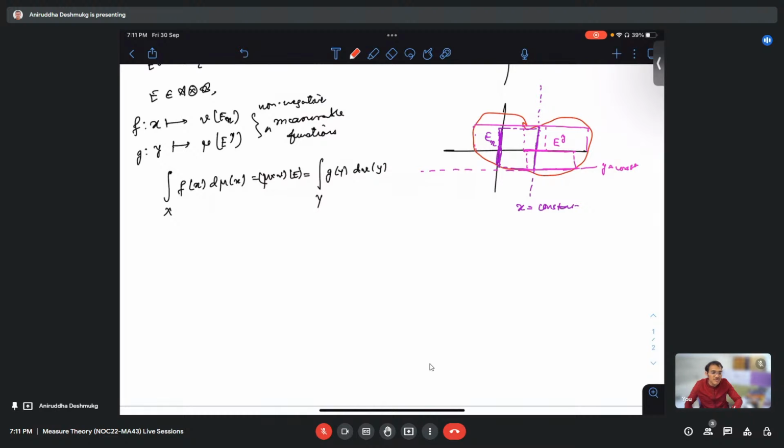Next, we go to sigma-finite measure spaces, where we can break the whole space into a disjoint union of finite measure spaces. And in each of them, we know the result, so we can extend it to the whole space. But in general, without the assumption of sigma finiteness, we cannot do it. X and Y are sigma finite spaces.